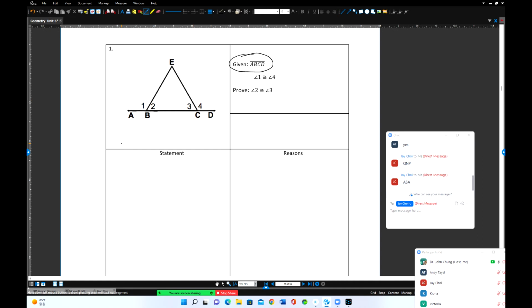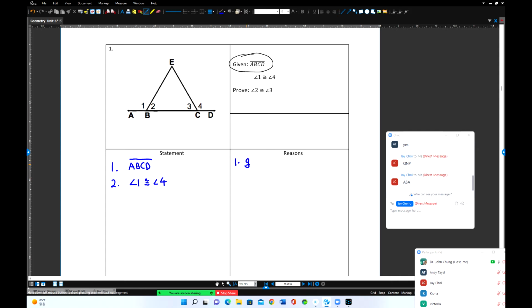I'm going to write this down over here. Number 1: ABCD is a straight line. Now number 2: angle 1 and angle 4 are congruent.